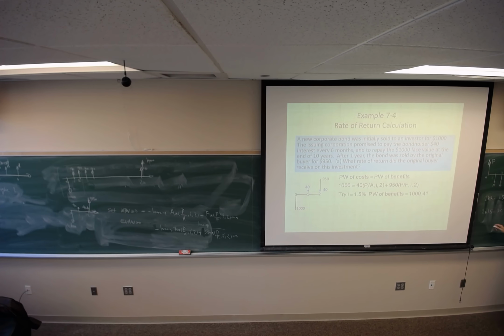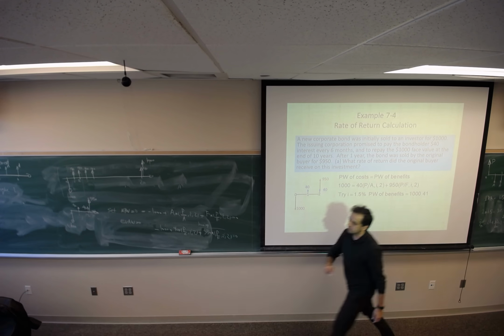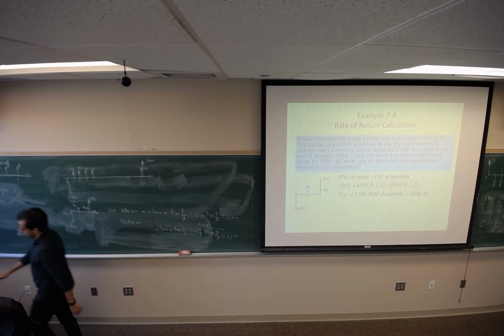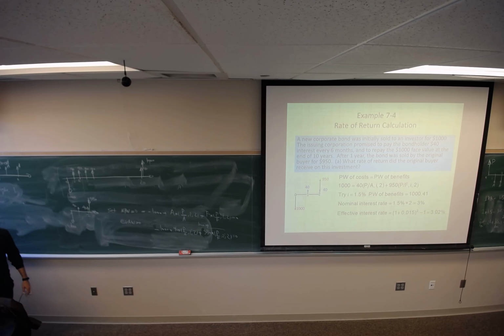If we are looking for the effective I, it's going to be 1 plus the percentage per 6 months, which is 1.5%, to the power 2, because we have 2 terms per year, minus 1. It's going to be 3.02.